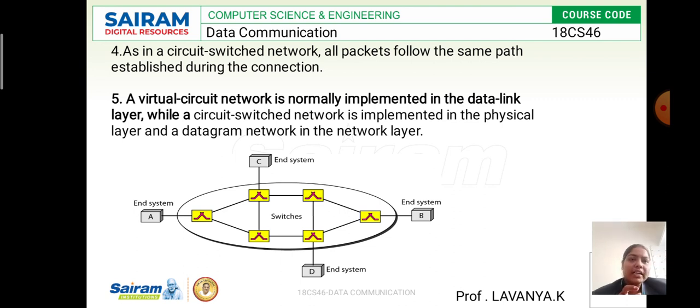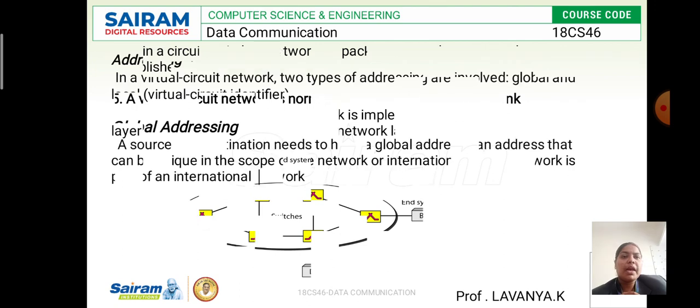That should be in a circular form, a circuit form. Each and every end system is interconnected with all the circuits, so that based on the resource allocation, which means based on the demand, they can send the data from source to destination, and every data should be labeled with the destination address. This is what happens in the virtual circuit.